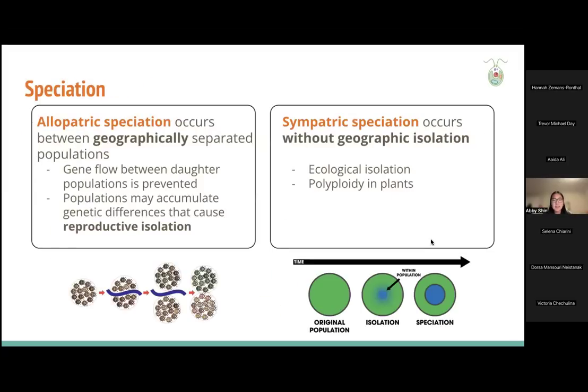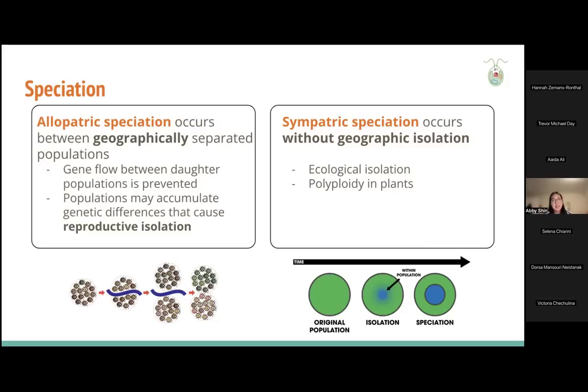So speciation occurs mainly through two mechanisms, which you learn throughout this cycle: either allopatric or sympatric. Allopatric speciation refers to when a group of organisms becomes geographically isolated. So maybe a river or a highway physically separates this group. Say you have a group of wolves, and then all of a sudden you build a highway right through.